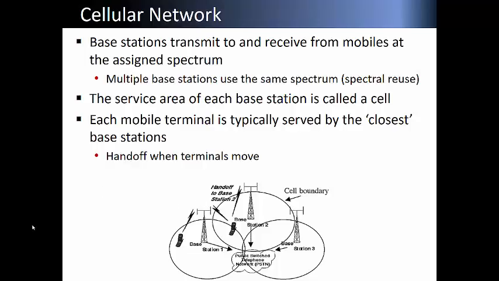This is a cell. This is a cell. In each cell there is a cell tower, like the access points of your Wi-Fi. Each mobile terminal is typically served by the closest base station. If you have your cell phone here, then the closest base station is this cell tower.